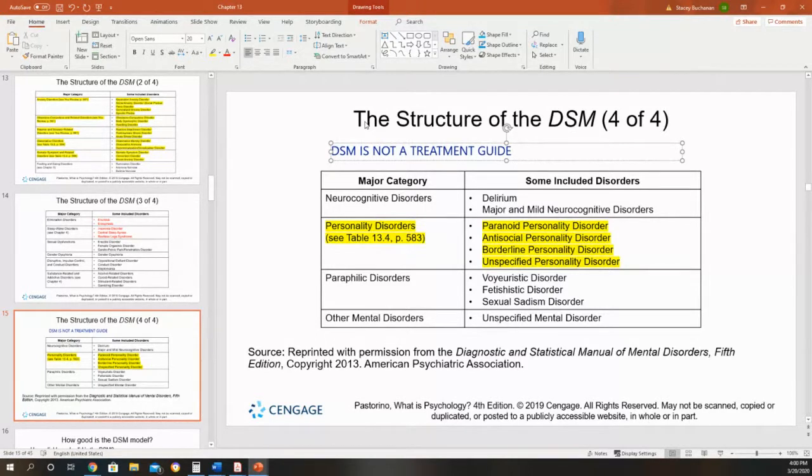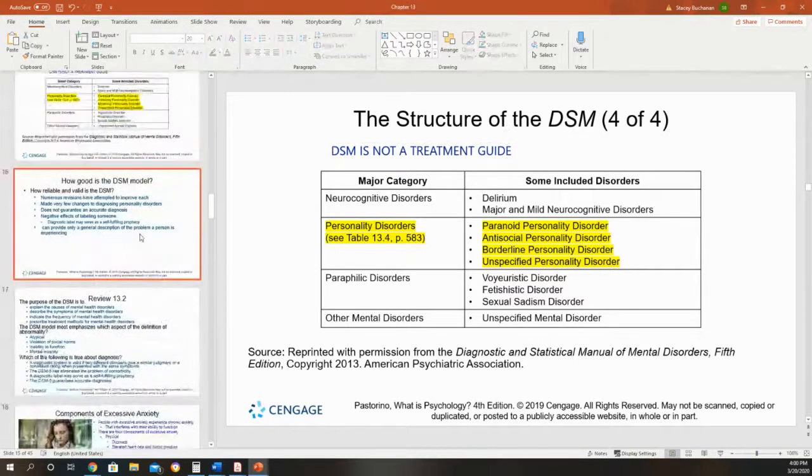It's atheoretical in nature, meaning there's no set theory behind it. It just offers you, okay, this is the disorder, these are the symptoms, this is what somebody who's suffering from it may look like. The treatment comes into play depending on what type of psychologist or therapist you are. So that's something to bear in mind. It's not a treatment guide.